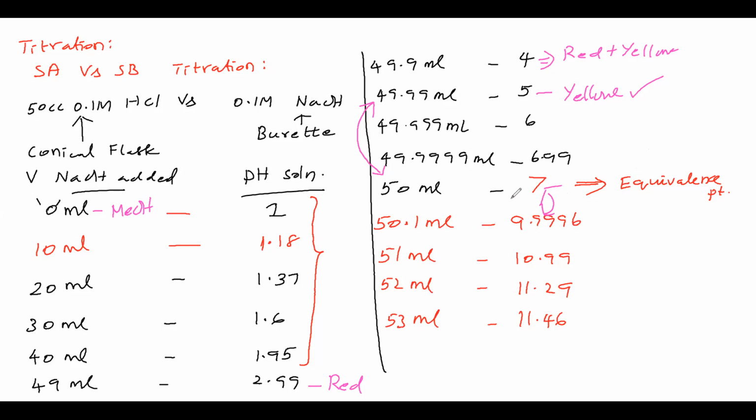Methyl orange gives the end point before the equivalence point, but the difference is less here. Okay, sir. Therefore, we can use methyl orange indicator. Methyl orange indicator is suitable for this strong acid HCl versus strong base titration, we can say.